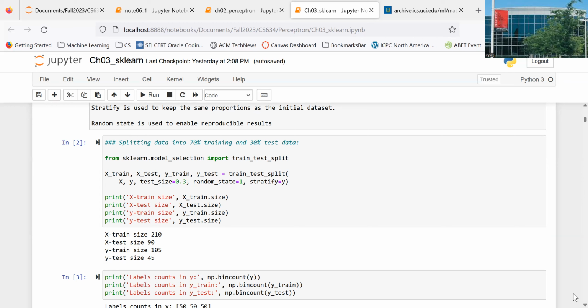You have to define the ratio and give 70% of the data for training, 30% for testing. Okay.